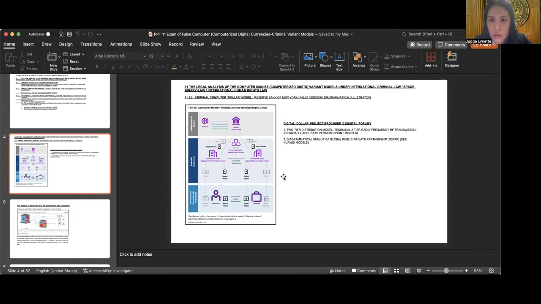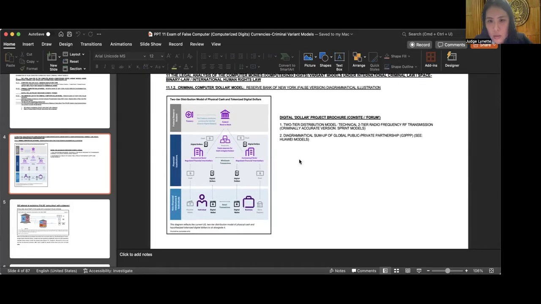They have been pilot tested under this model, which is a form, and the more criminally accurate version should really be the two-tier radio frequency transmission that the brochure was referring to in the PUB's context.